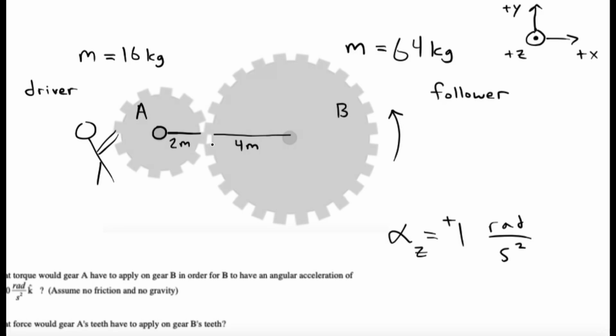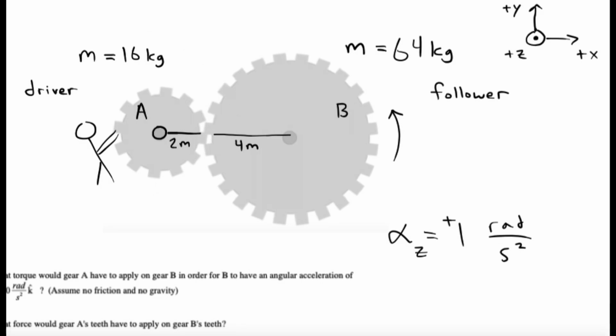If this is correct, which way is A angularly accelerating then? Clockwise or counterclockwise? As this tooth moves through, the tooth that he's going to be in contact with has to move through with him.